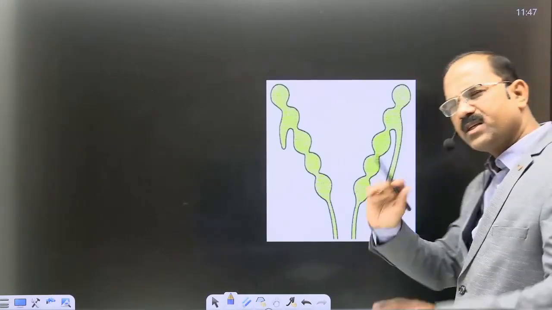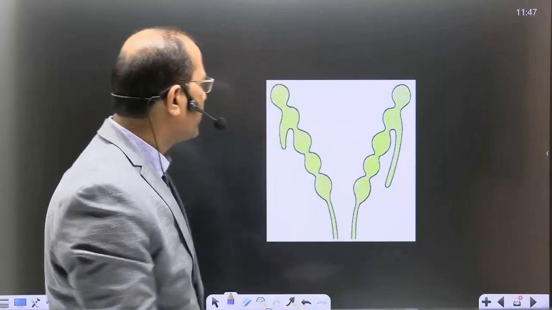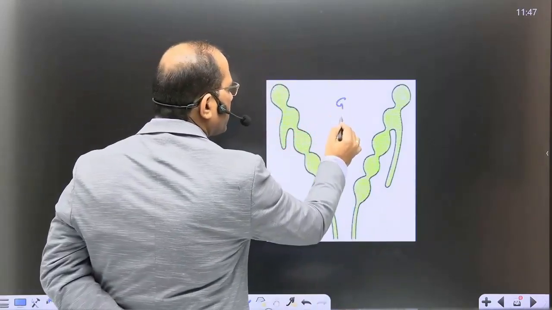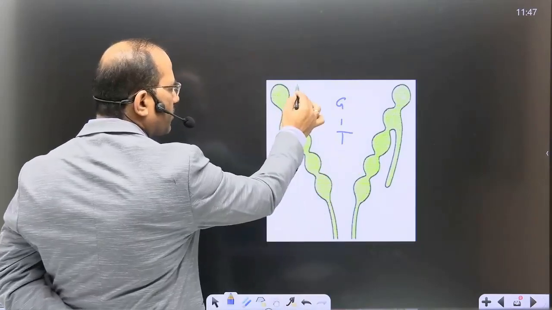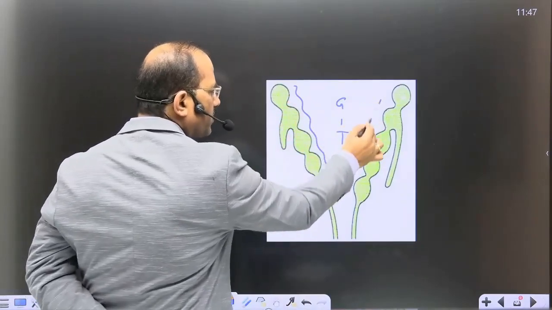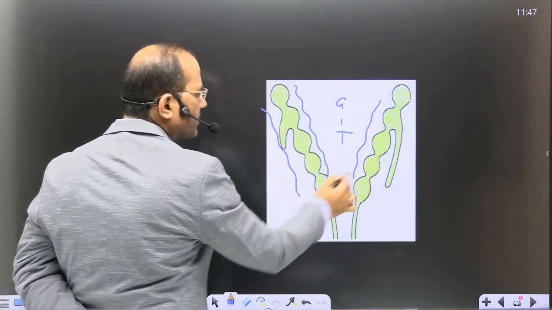Now understand, in short, I'll tell you the development of tongue. This is a section taken through the neck. From outside is ectoderm. From inside is the endoderm. That's the GIT. So what is this from inside? That's the endoderm. And from outside, that's the ectoderm.